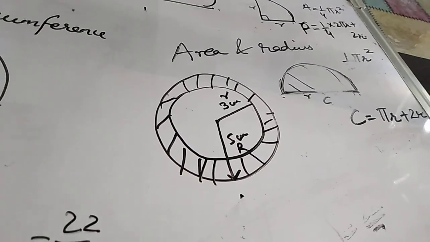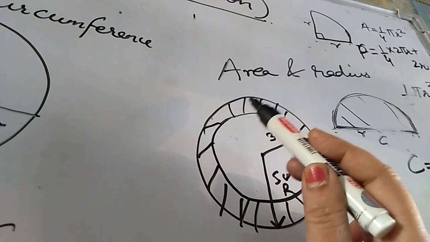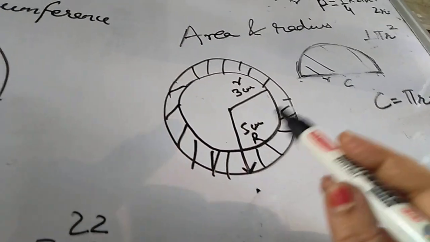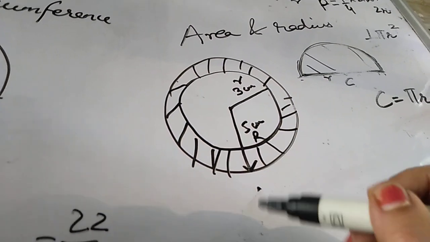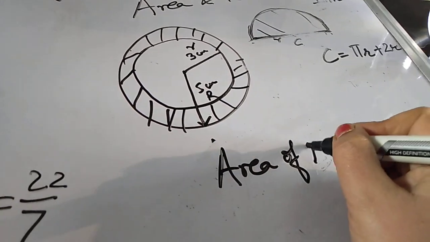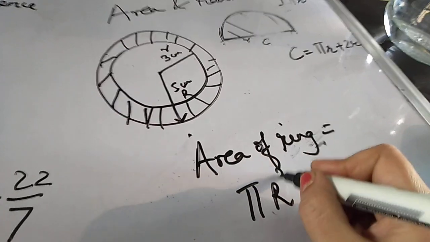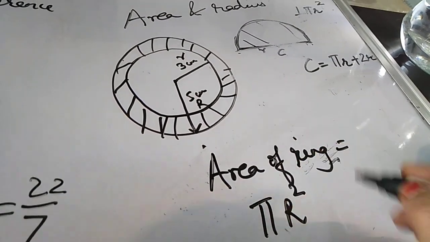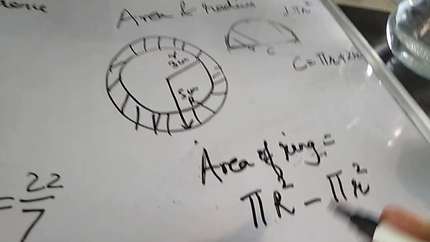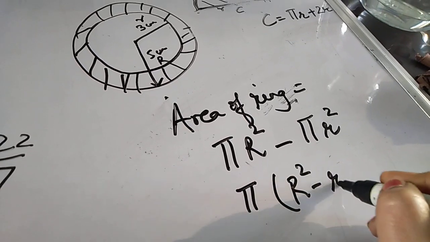Tell me, the area of the outer, bigger circle, and if from that I subtract the area of the smaller circle, I get the area of this shaded part, that is the ring. So the area of the ring is equal to pi R square, the area of the outer bigger circle, minus pi small r square, the area of the inner circle. If I take this pi common, I get R square minus r square.